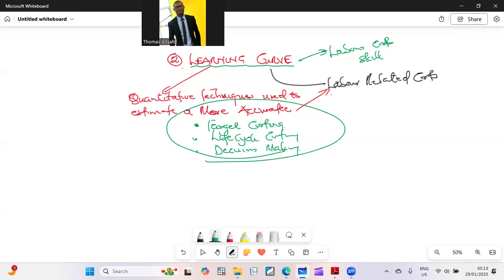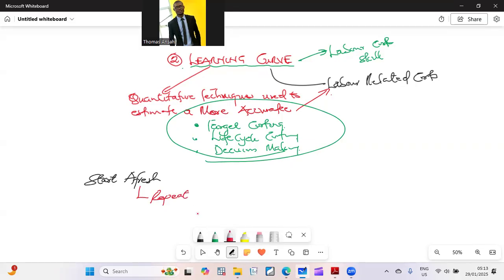Now, what a learning curve is just trying to say is that when you bring in new staff and they start afresh, they start learning their trade afresh in your office. What happens is that by repetition, they will be doing the things over and over again.